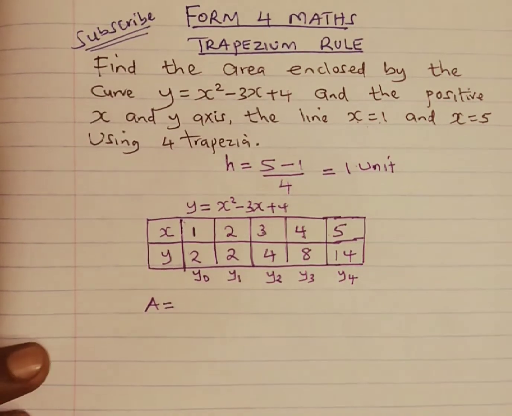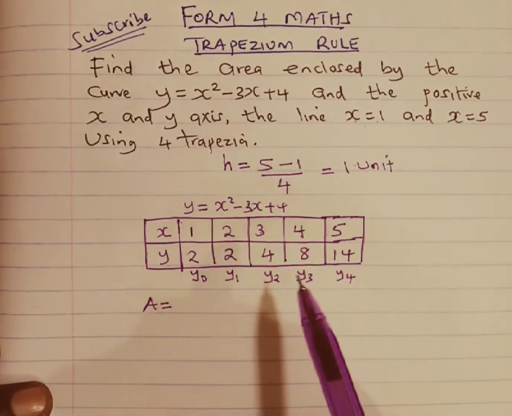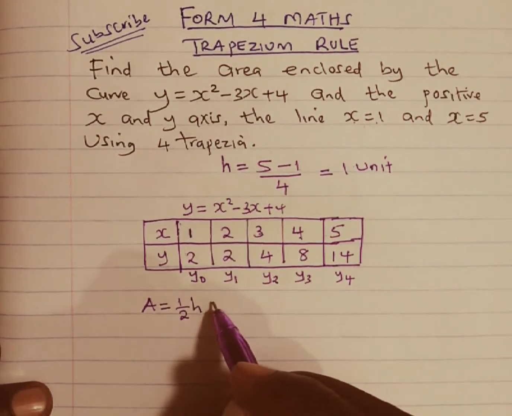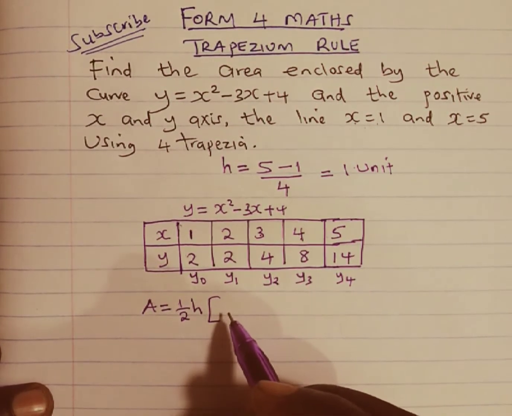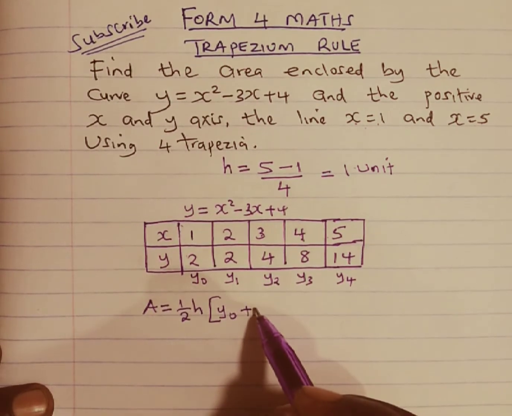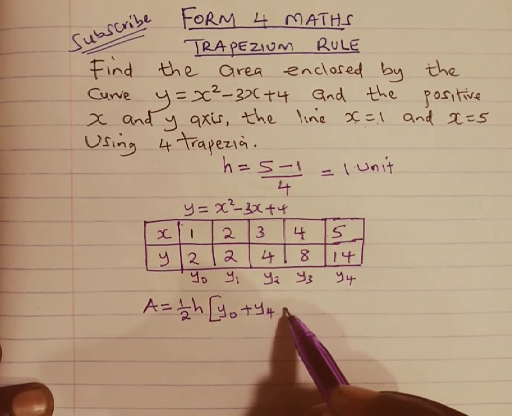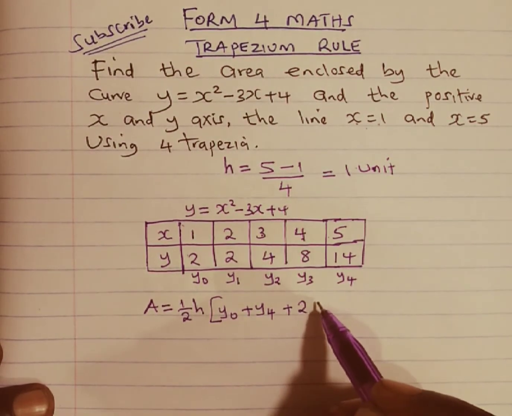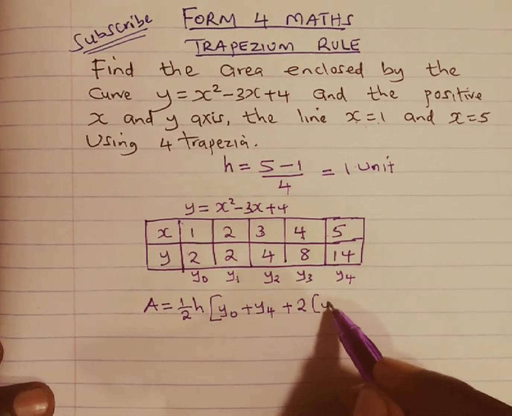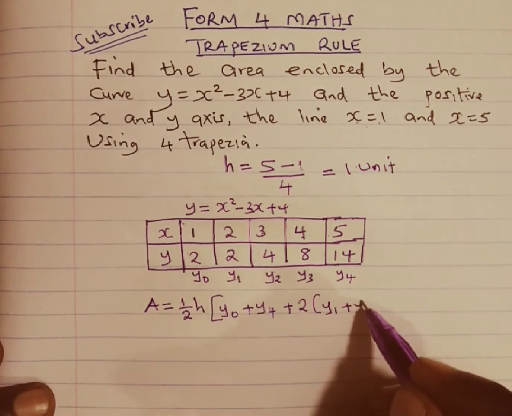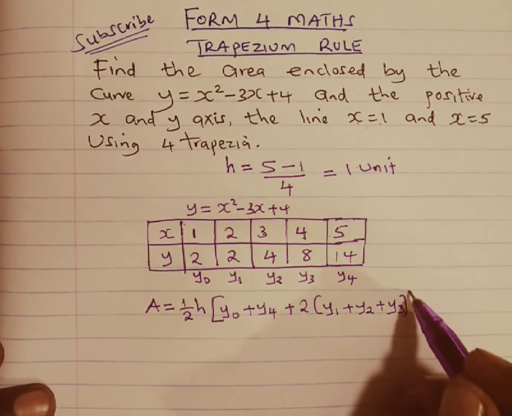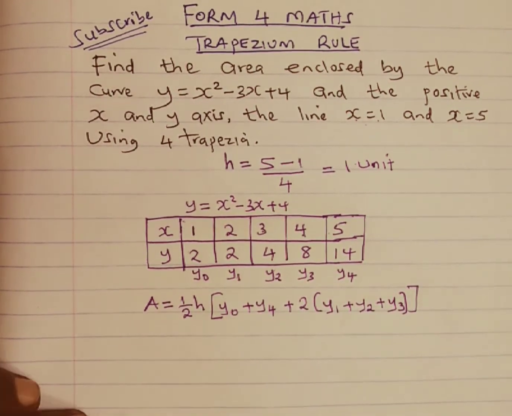Area of this area by trapezium rule will be given by half h into the sum of the ends, which is y0 plus y4, then plus twice the sum of the middles, and in this case the middles are y1, we add y2 plus y3. Now we can substitute our figures.